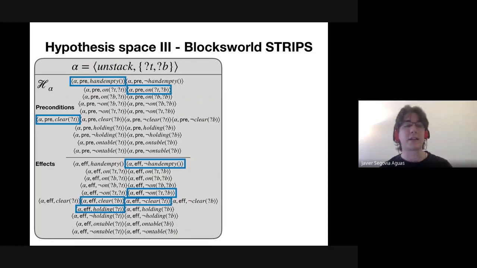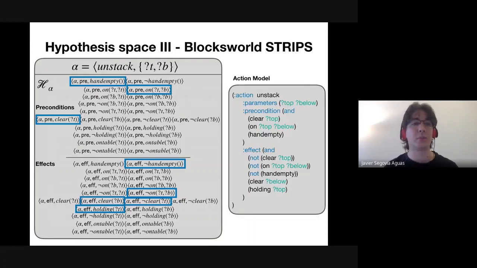And in the effects, we select these ones. The gripper is no longer empty, the top is no longer on top of the block below, and the top is not clear anymore. And the block below will be clear, and the block on top will be held by the gripper. So once we have selected these triplets for that action, we can say that our action model will look like this one in the PDDL, where we have an Unstack, top below, and all these preconditions and effects related to these parameters.